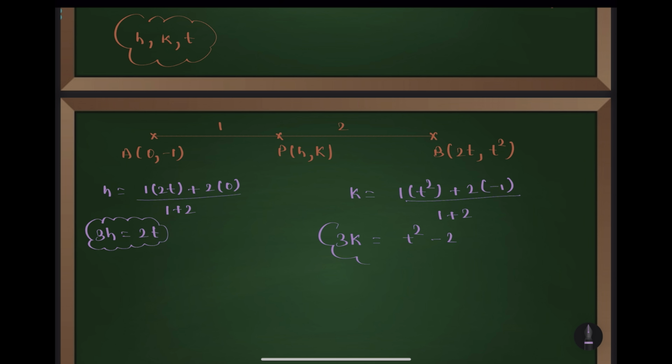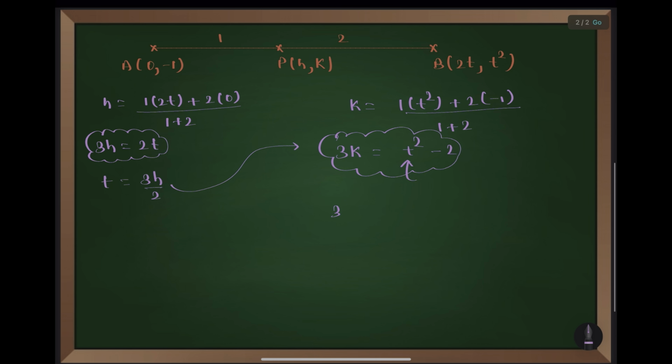We have to write an equation free from any variable, correct? This h, k and t. So first I will try to remove t from these equations. So can I take the value of t from here? t is 3h by 2, and I'll substitute this value in this equation.